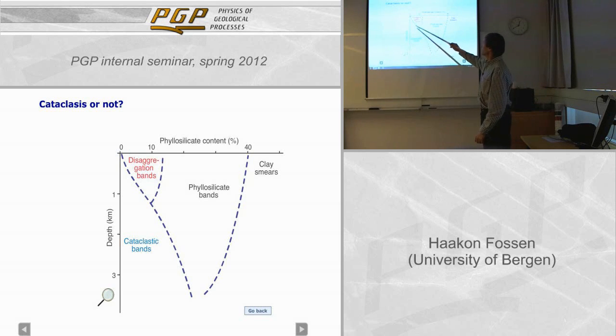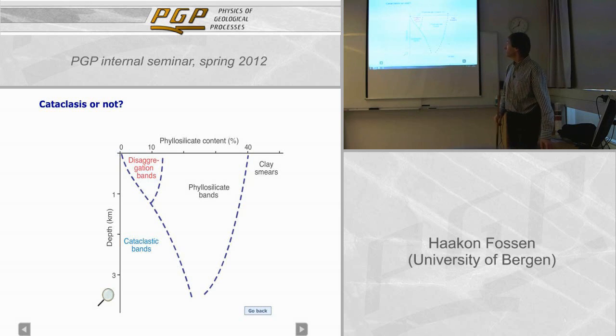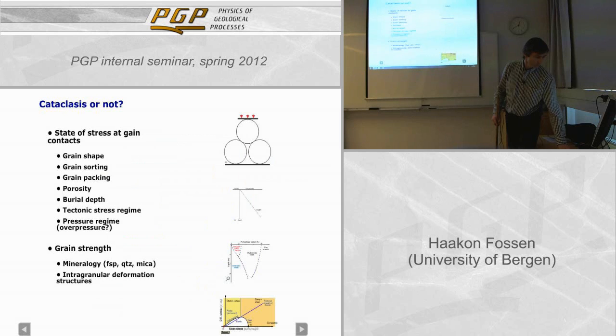So with depth, if you don't have ferrosilicates, you can get cataclastic deformation pretty close to the surface to some extent. Once you have some ferrosilicate minerals, it's much harder.